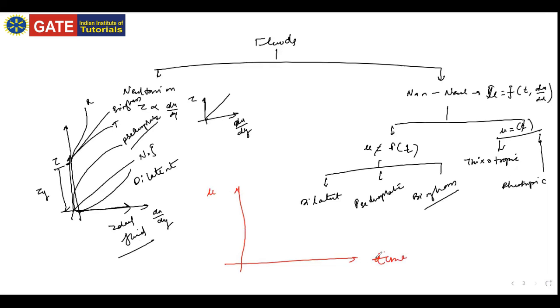The Newtonian, dilatant, pseudoplastic and Bingham are constant and do not vary with respect to time, and then this is your rheopathic and this is your thixotropic.